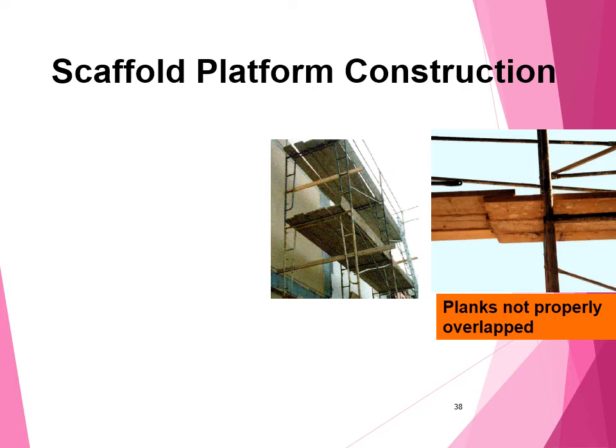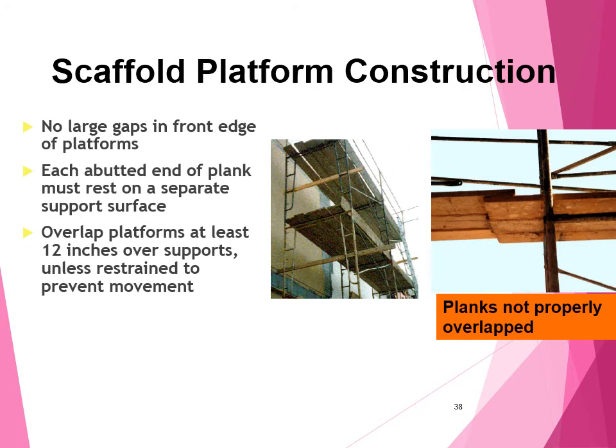Planks are not properly overlapped in the images shown, which causes danger. No large gaps in front of the platforms. Each end of a plank must rest on a separate surface. Overlap platforms at least 12 inches on the other support.